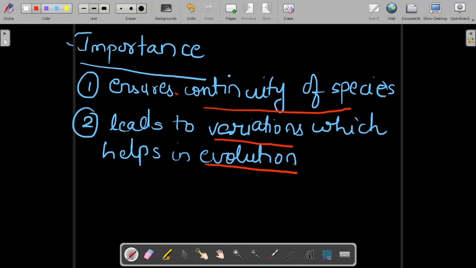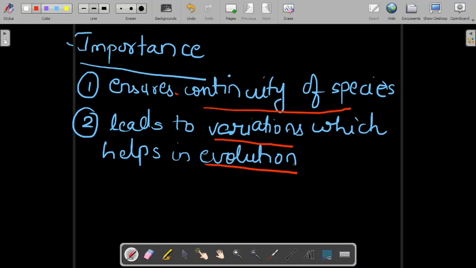Now, the second importance is that it leads to variations. Variation is basically when I look at you and when I look at myself, though we belong to the same species, we are not exactly similar to each other, right? We have a basic body design like two eyes, one nose, one mouth, etc. But we are different from each other, right?